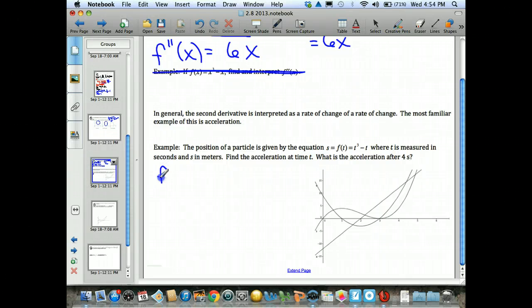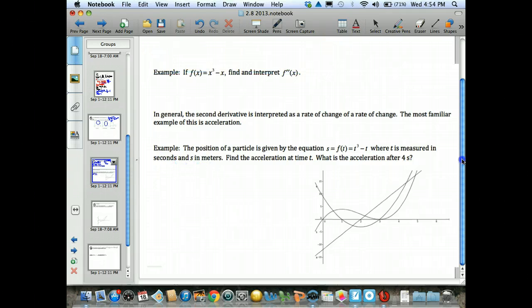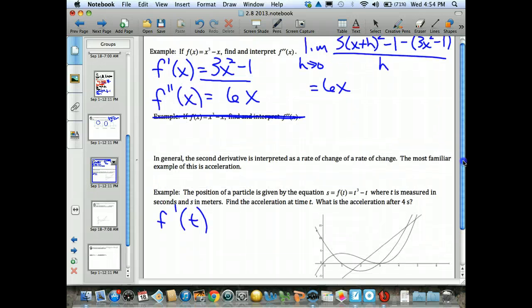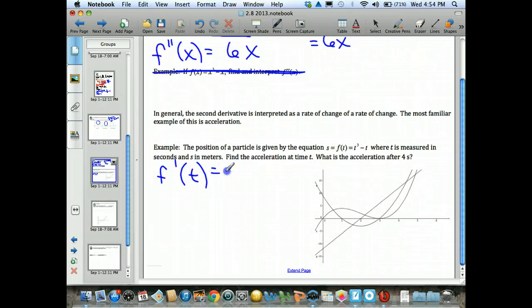So we knew that f prime of t, right, was from back up here, that was 3t squared minus 1, right? So this was 3t squared minus 1. And f prime prime of t was that 6t, okay?